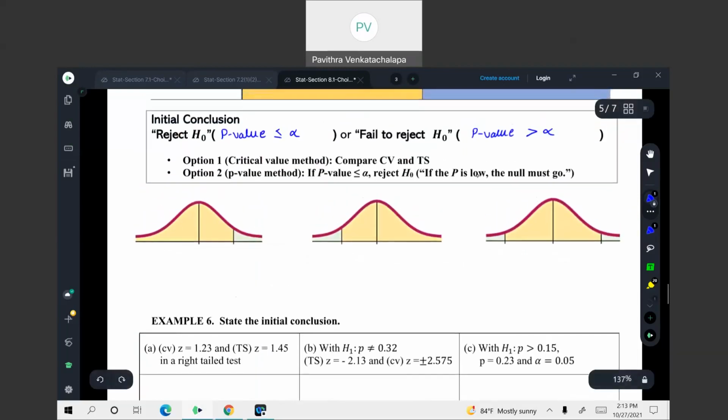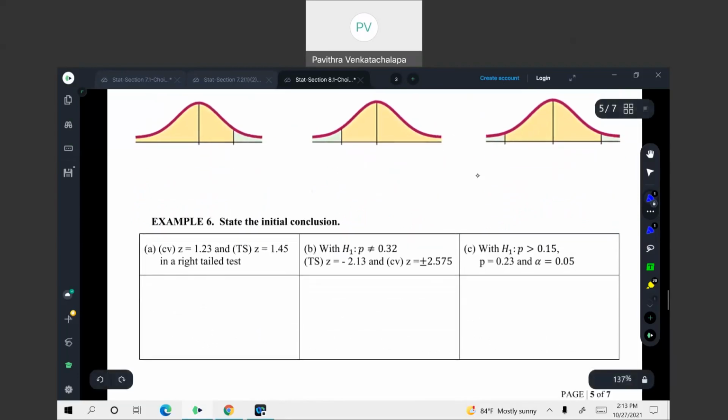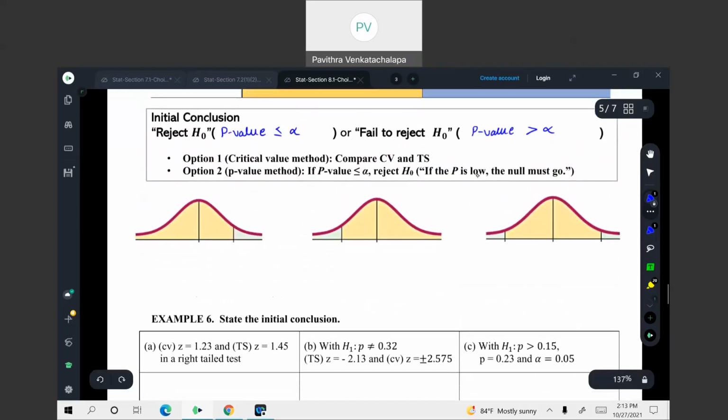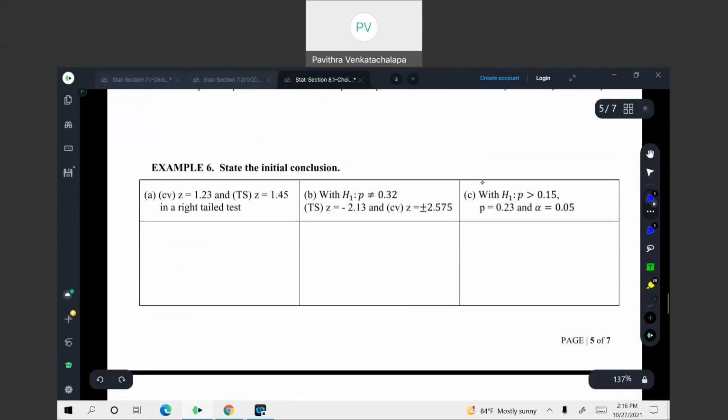I'll tell you how to do this, and you can do it at home. To write the initial conclusion, you have two options. In option 1, you compare the CV and the TS, that is the test statistic score, and in option 2, you compare the p-value and the alpha. Now, how do we do this?